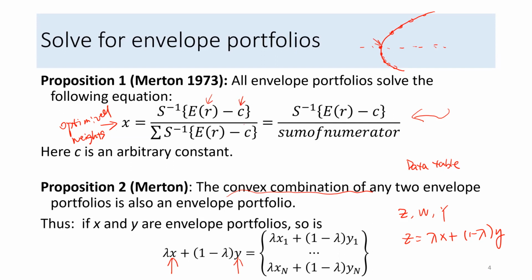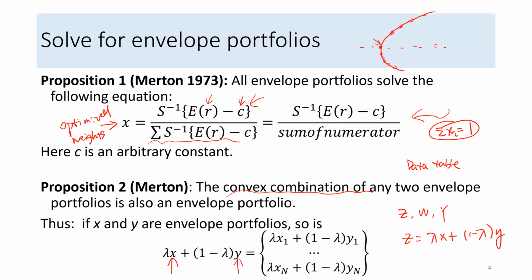And the sum in the denominator is just to make sure that the sum of x equals 1. It is one way to guarantee that this is satisfied, and the numerator will guarantee that we have a tangency portfolio.